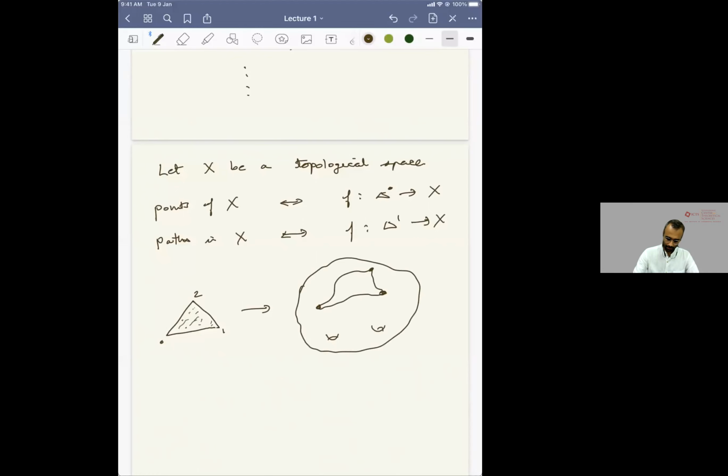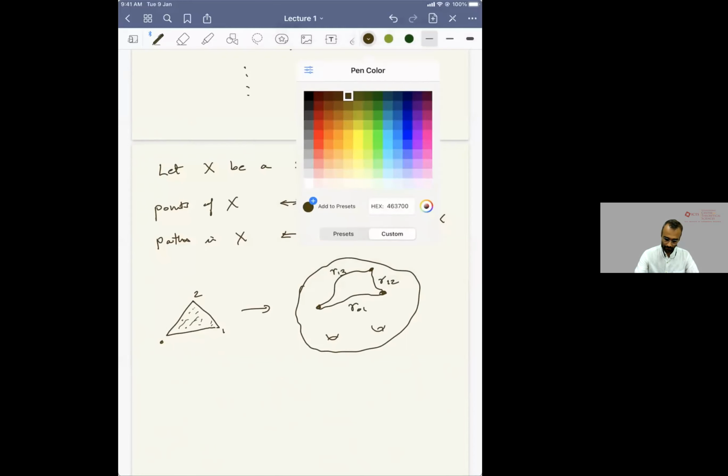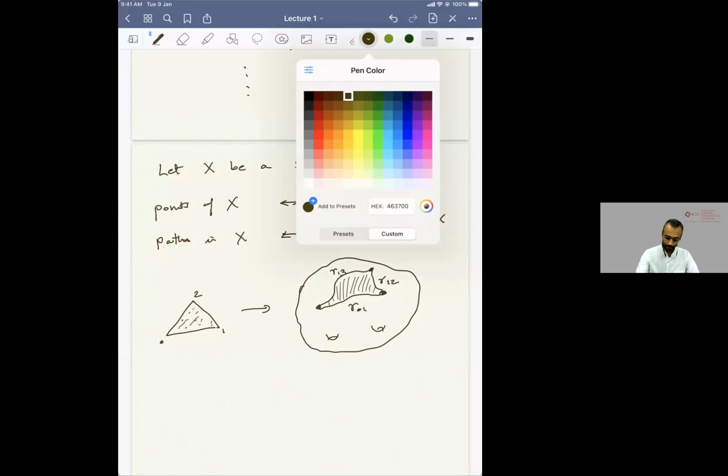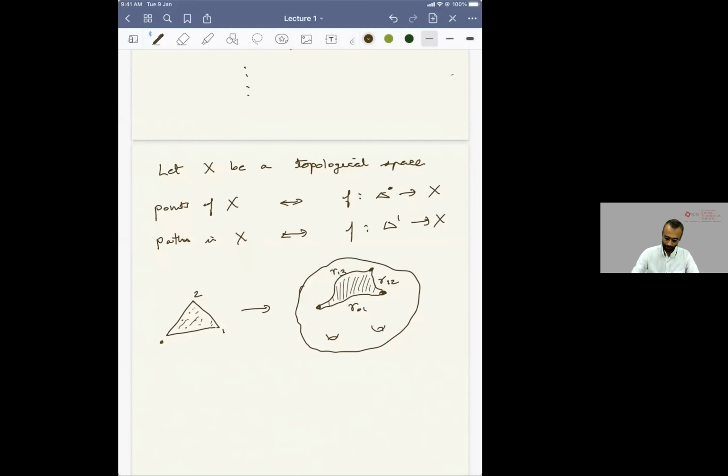So let's call this path gamma 0,1, gamma 1,2, and gamma 1,3. And then the region inside is shaded, because I mapped a triangle in there. So what you get is a path. You get two paths and a homotopy.